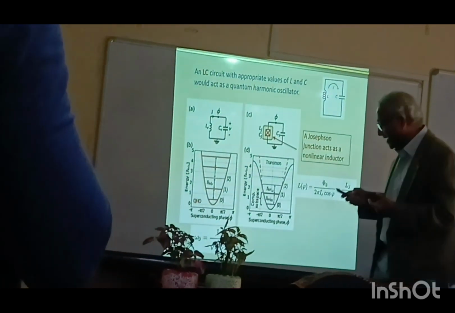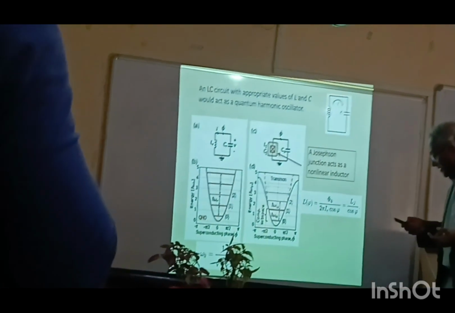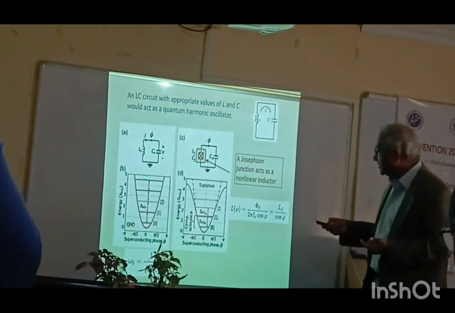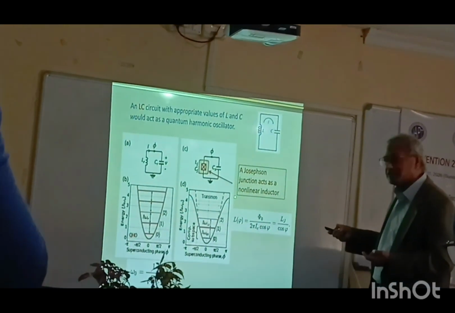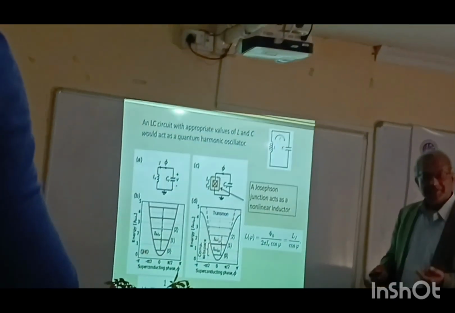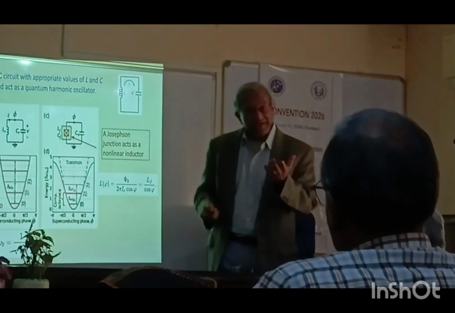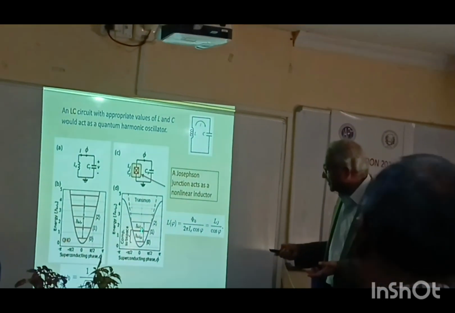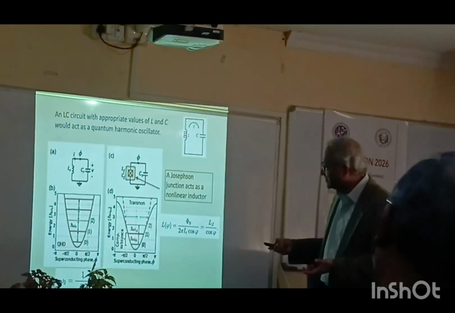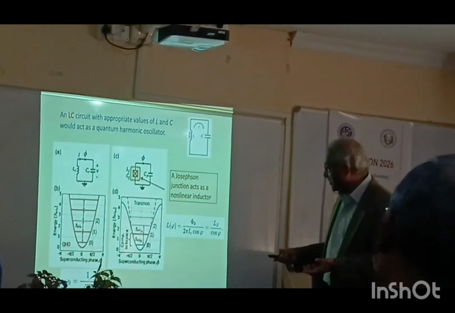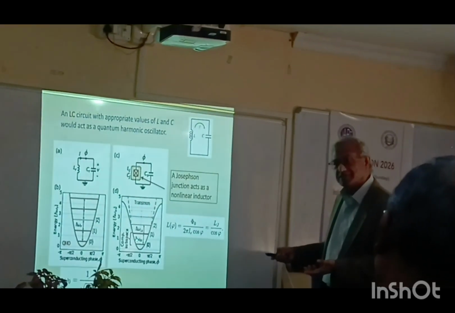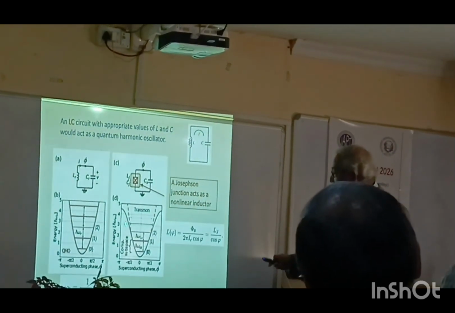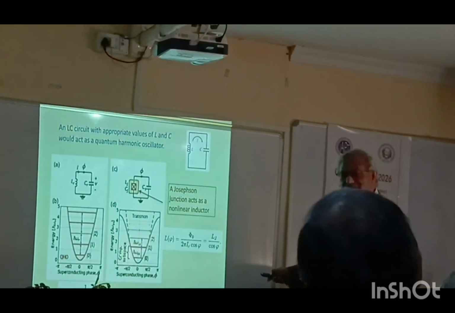So what I need is an asymmetric potential. This is symmetric, this is asymmetric. This is still a harmonic oscillator, but asymmetric. When it is asymmetric, the energy levels are not equally separated. So this gap is larger than this one, than this one. Now if I work with a photon that has this energy, then I don't accidentally excite the other level. That's why you need this asymmetric potential.